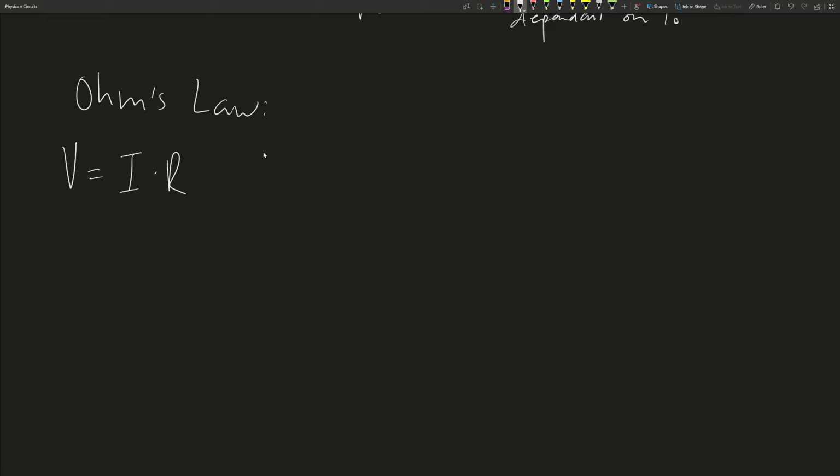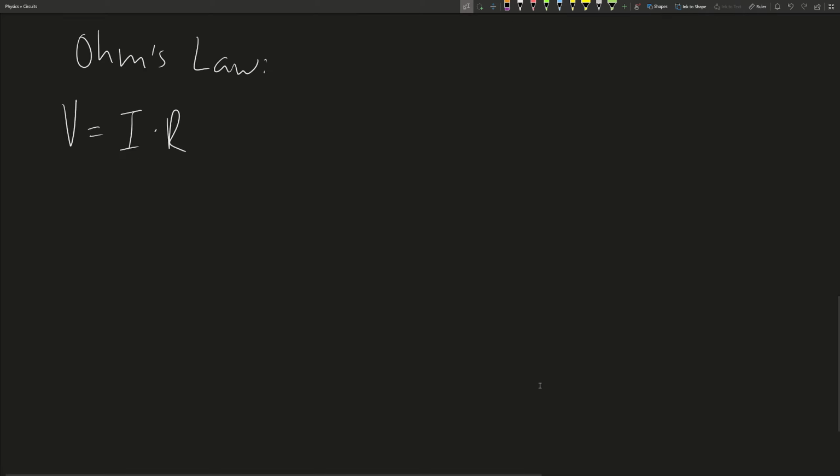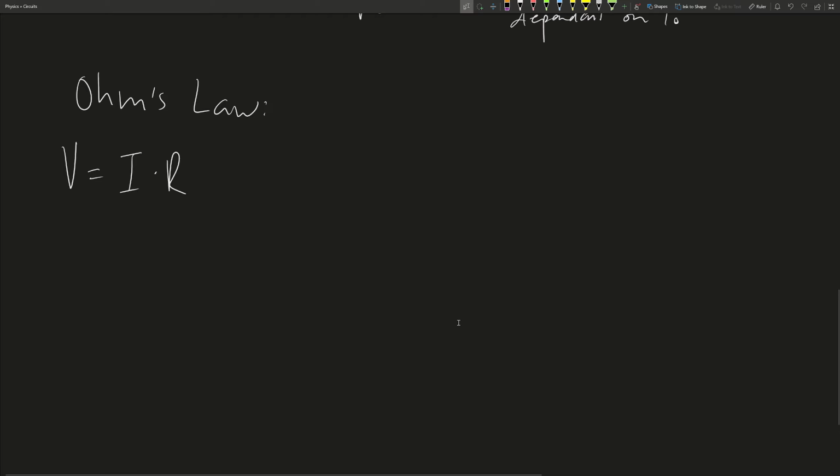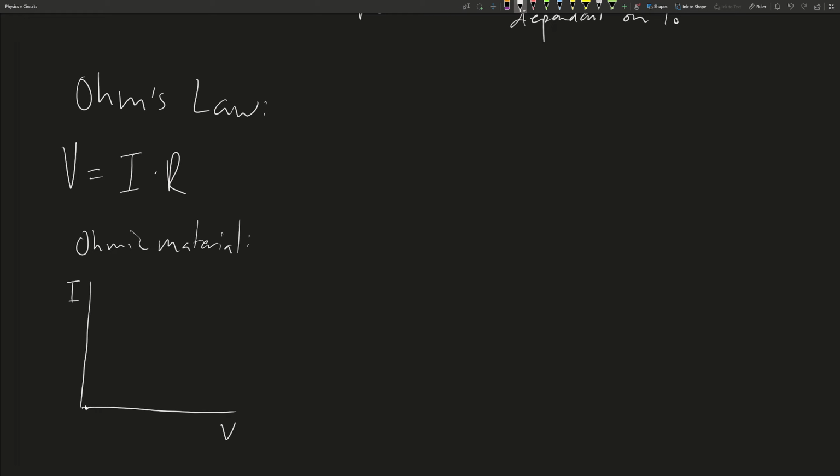And we can see here that Ohm's law is obeyed for ohmic materials. So if you have an ohmic material, such as a resistor, what Ohm's law says is that if you have a graph of voltage and current, the graph will be a straight line.